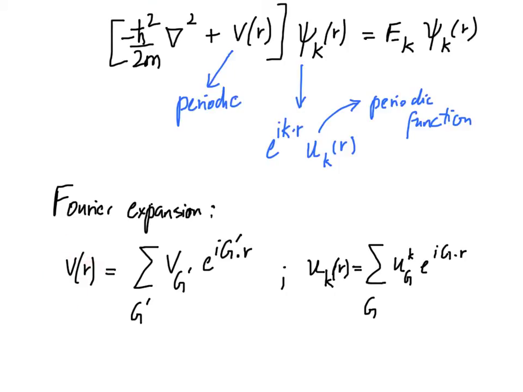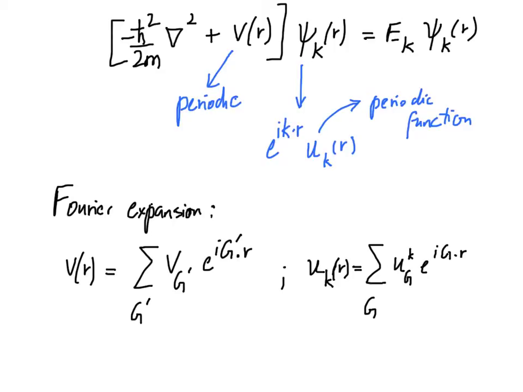So V of R is expanded as a sum over plane waves, and these V G prime are what we call our Fourier coefficients. It's quite easy to understand what this Fourier series really is. Bear in mind that e to the I G dot R is essentially a sum of a sine and a cosine.